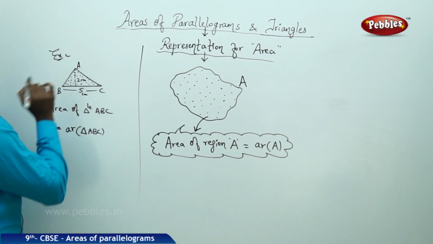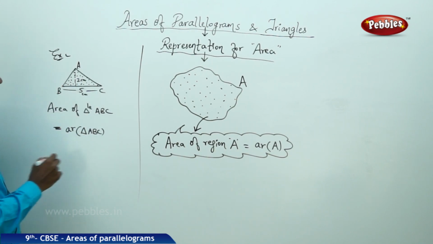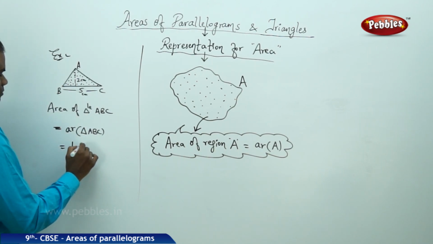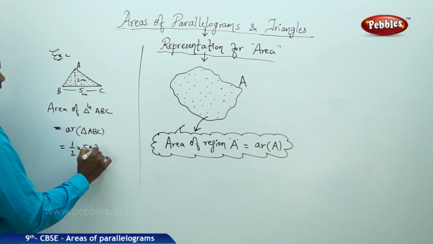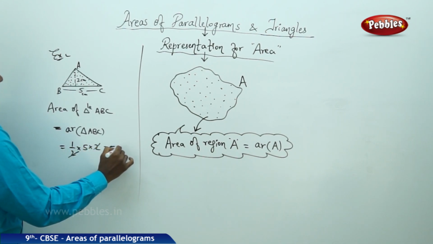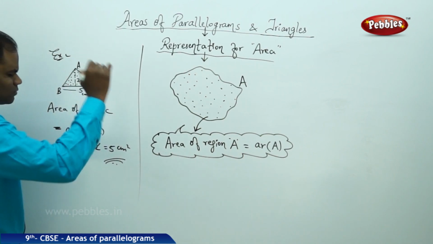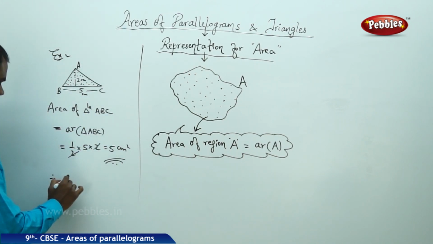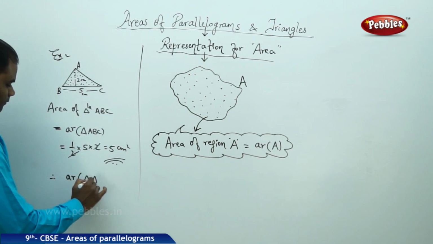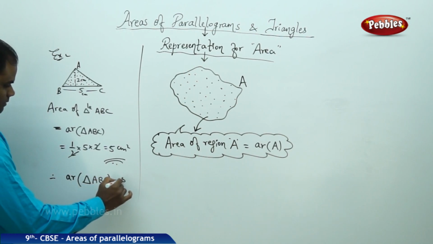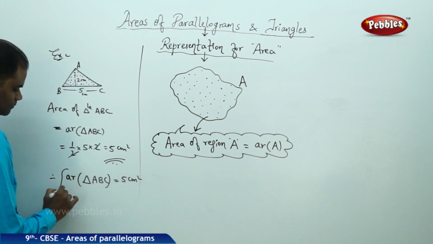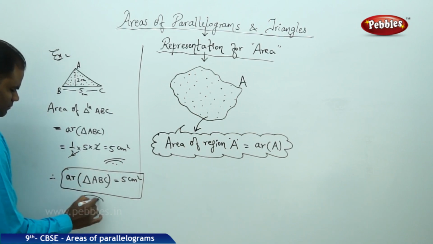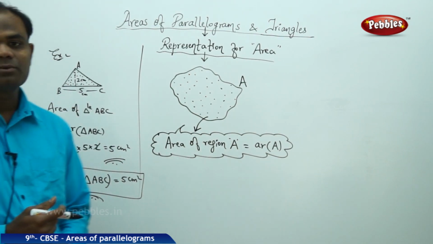Half into base into height gives the area of the region, 5 centimeter square. Therefore, the area of triangle ABC is 5 centimeter square.